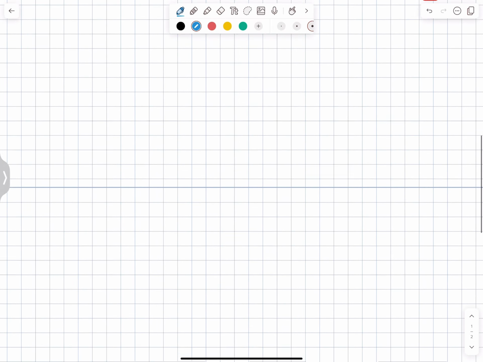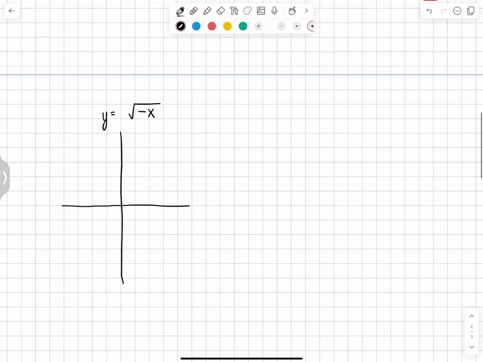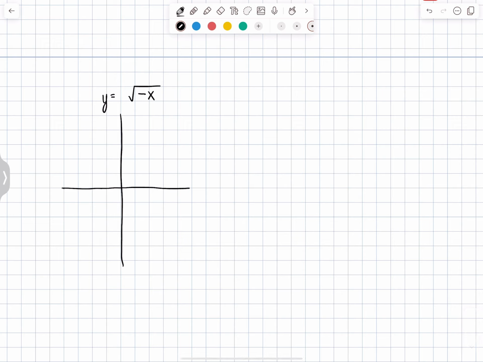Let's look at another example. This is a good one: y equals square root of negative x. All you're going to do is draw your graph. If you already have one, that's okay. We know that the square root function goes like this.